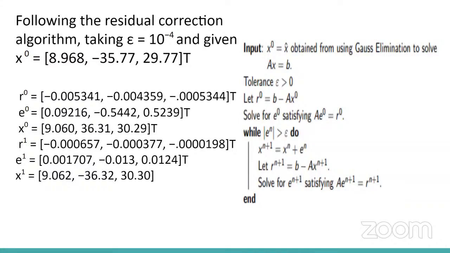We understand up until you have let your R naught equal B minus AX naught. Now that AX naught, are you replacing the values of X with the values of X naught? These values of X, this X naught, we are using this X naught that we've gotten using our Gaussian elimination method. Where are you putting it?